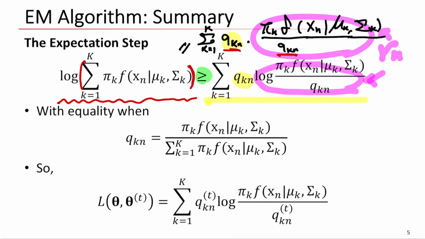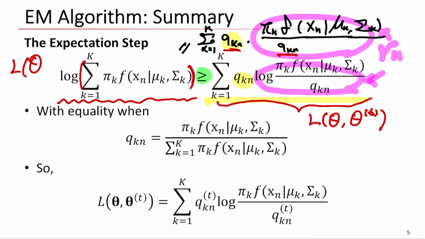So this is some property of the log function. So this is called the new loss function for the theta given theta t, and it was the original loss function. Okay, now we have the new loss function for the theta, right?